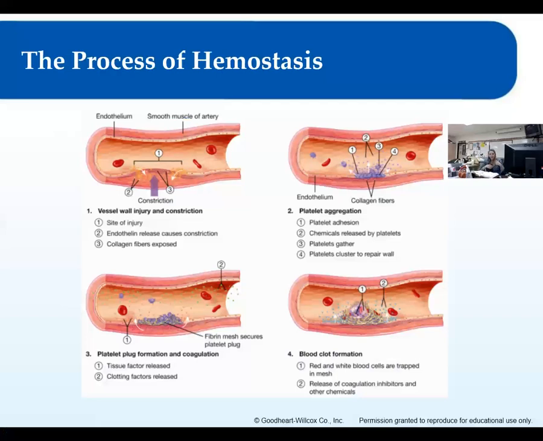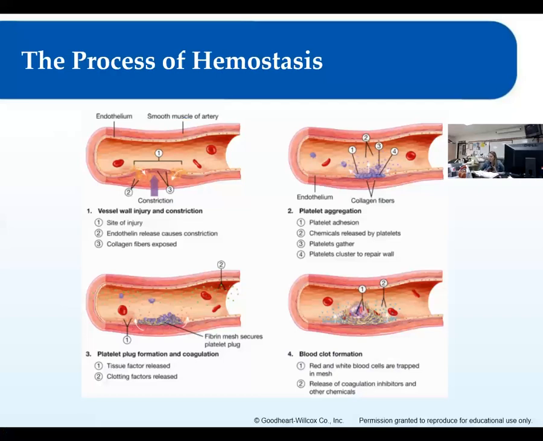Now the second step is platelet aggregation, and aggregation just means they're clumping together. Platelets adhere to the area of the injury, and those collagen fibers act like a sticky net. Platelets come in and adhere to it.